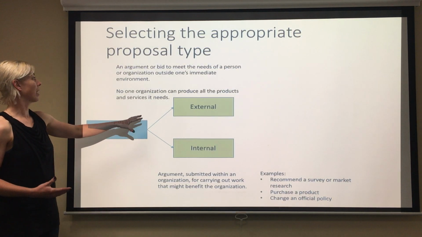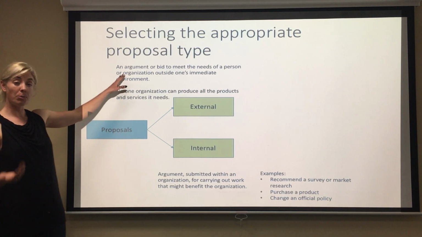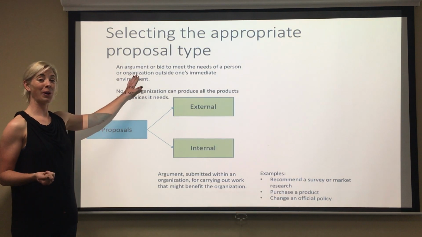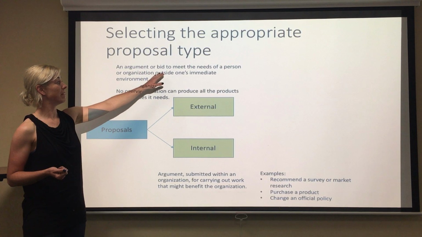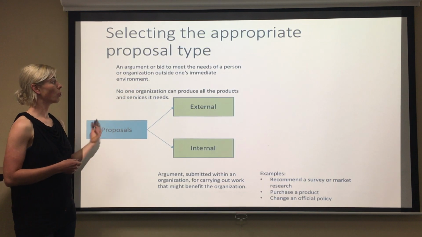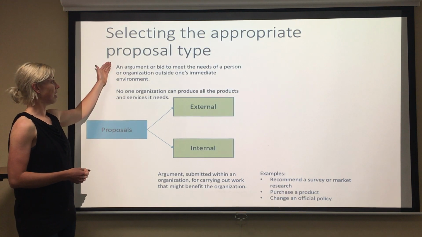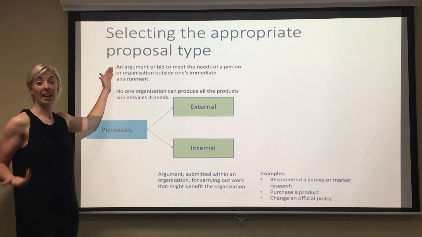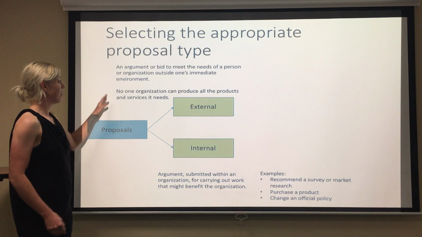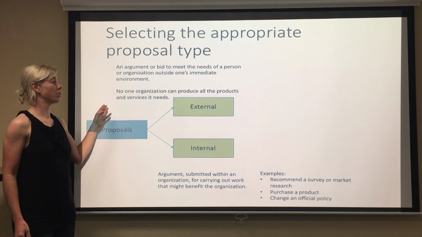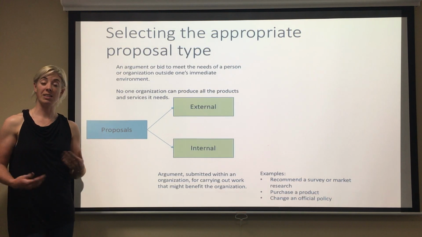External proposals, on the other hand, are arguments, you notice I keep using that word, or they're bids to meet the needs of a person or an organization outside our immediate environment. So you can think about this as a proposal to try and gain a client, right? And this is important because no one organization can produce all the products or services that it needs.